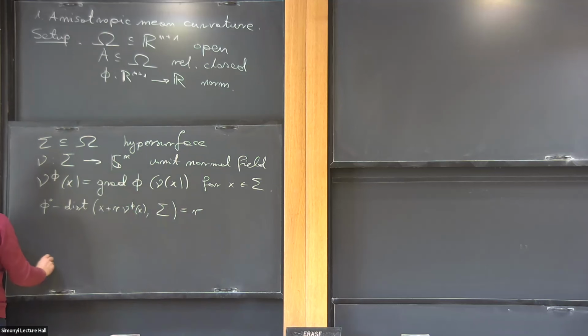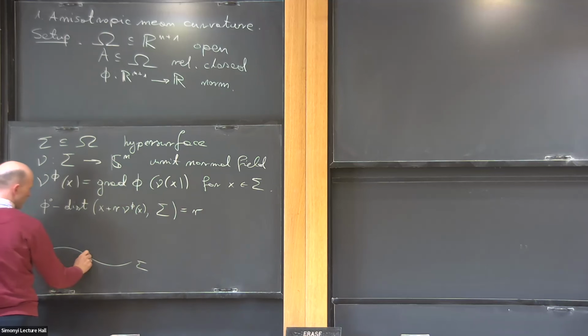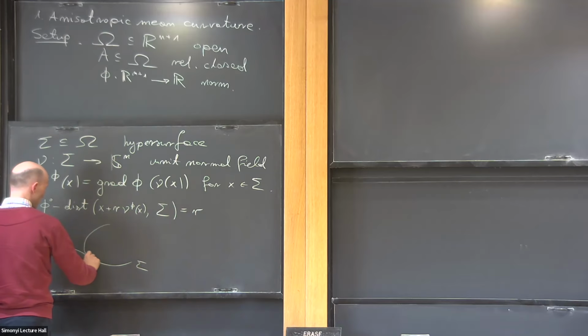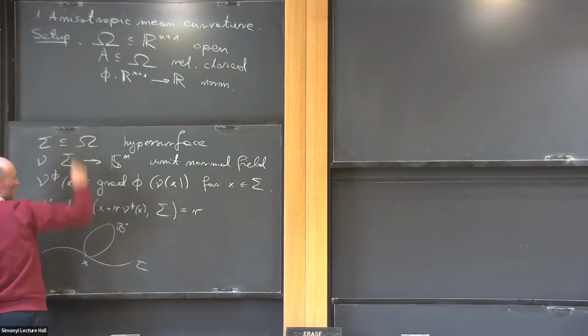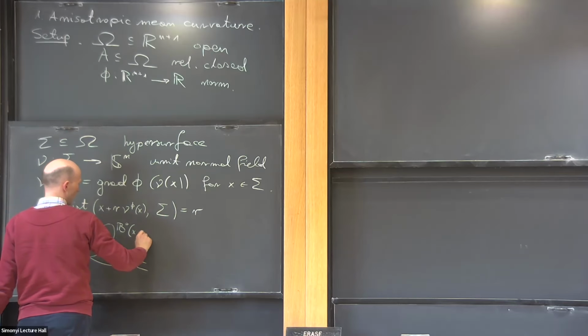This means, on the picture, that if this is your hypersurface and you have a point x somewhere, you can touch it with the polar ball to the Phi ball.